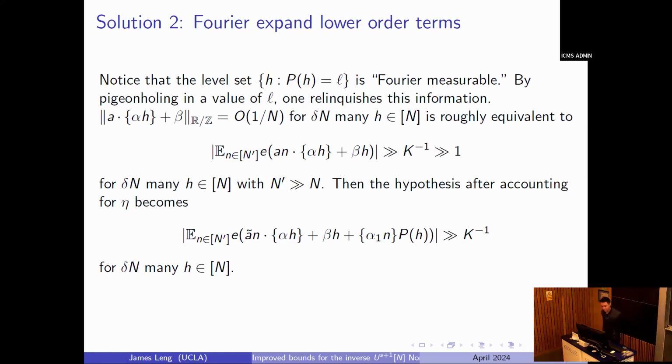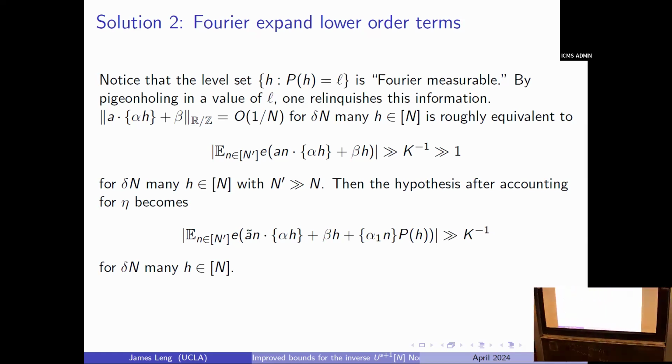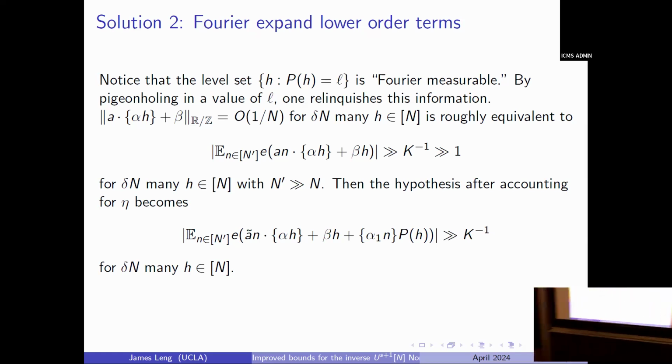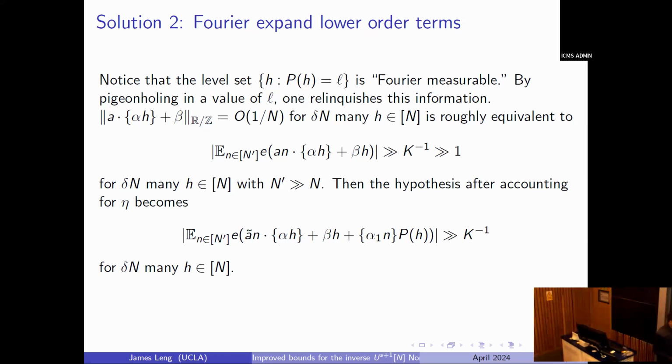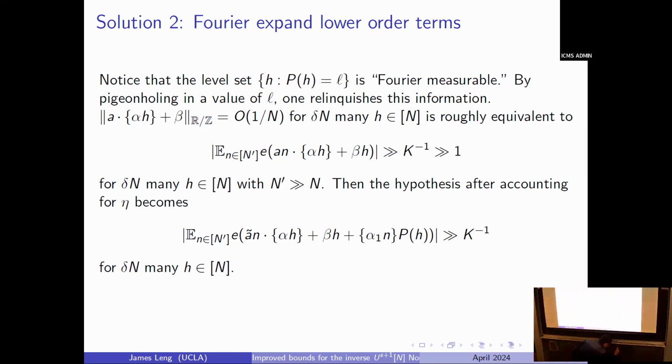Then you could do the same thing as before. Write A n dot alpha H as A tilde alpha H plus some lower order term. The lower order term I got was alpha 1 n times P of H.